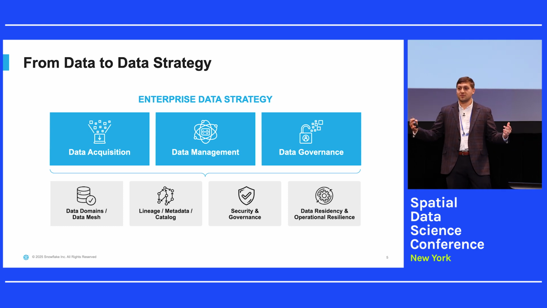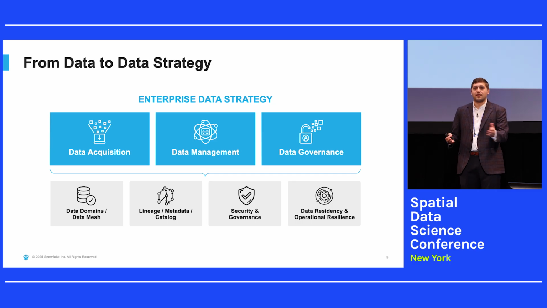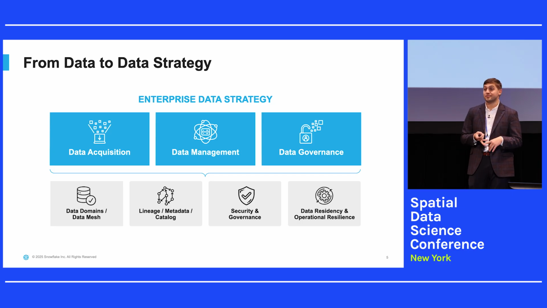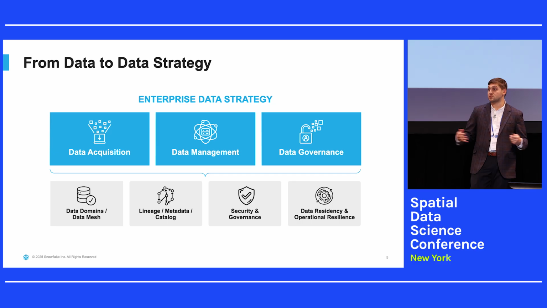Let's remove technology from that discussion and think about what makes sense for your business based on how you're structured and the goals you're trying to accomplish. With that, you need a lot of the things I was talking about: various programming interfaces, various compute types, as well as unified governance, security, entitlements, and lineage, all of the important things that make up the data strategy. Snowflake brings that together in one easy-to-use managed service.